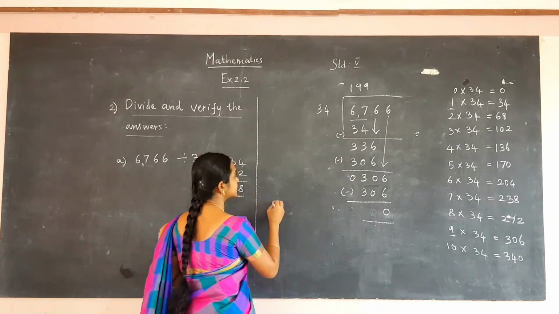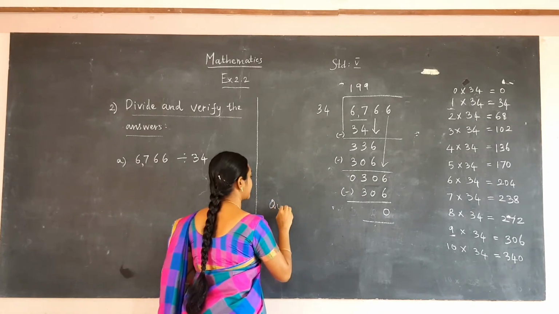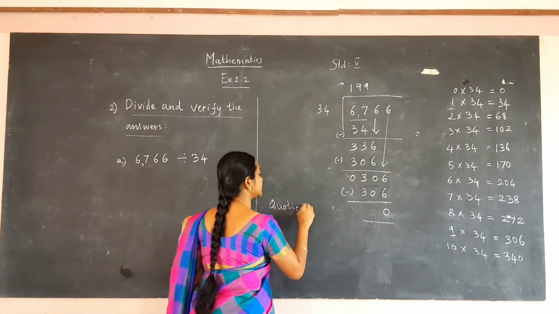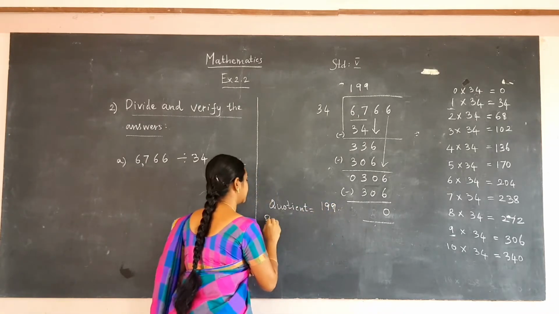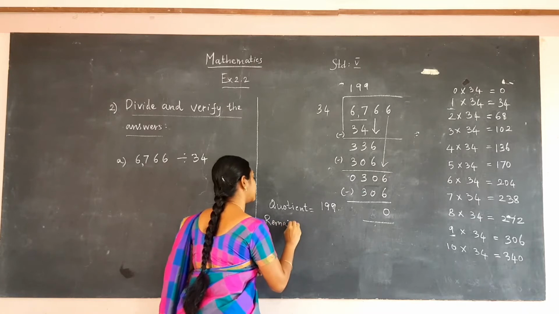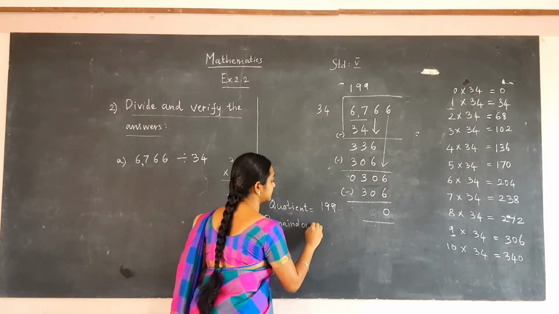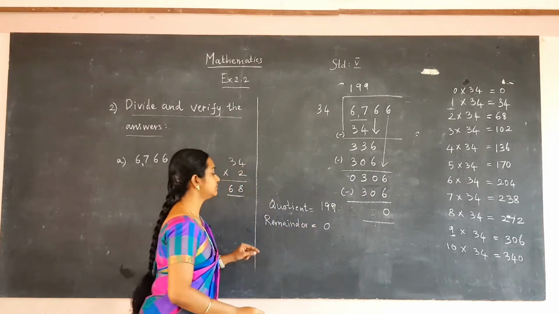So we have got quotient as 199, remainder as 0.